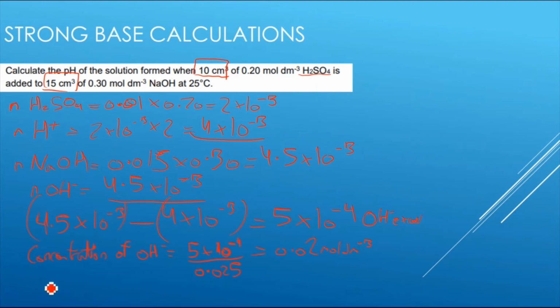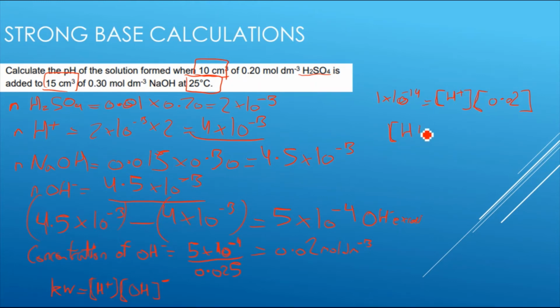So now we could use the Kw equation. Kw again is equal to H plus times OH minus. Because this reaction is occurring at 25 degrees, we know that the Kw would be 1 times 10 to the power of minus 14. And then we have the OH minus concentration. We do not know the H plus concentration, but we could use the 0.02, which is the OH minus concentration.